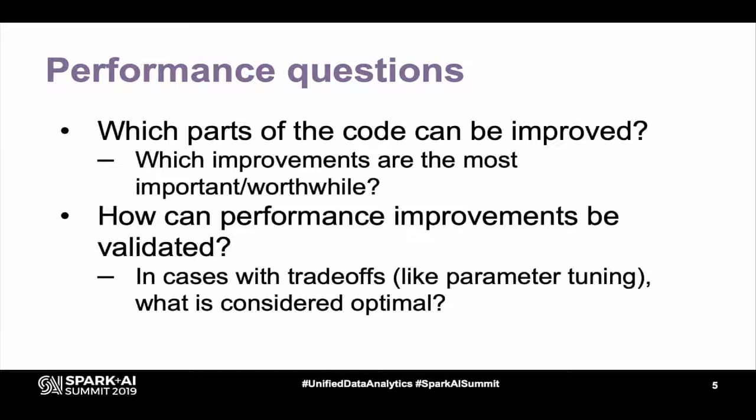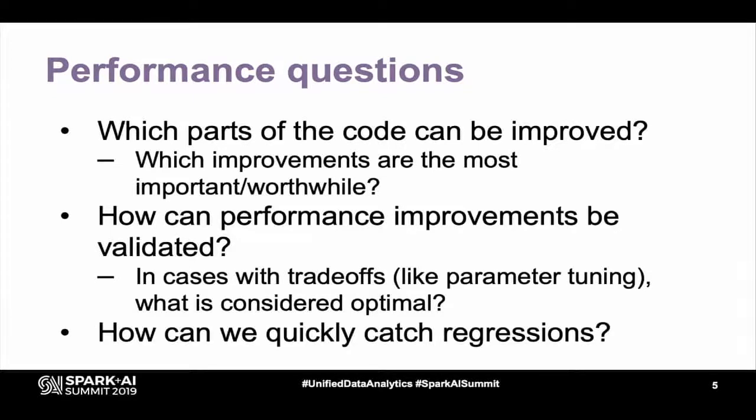And the last question I want to talk about here, which I think can absolutely not be understated, is catching regressions. Because when we're making changes and users are creating new queries and we're changing things in the engine, there's always going to be stuff that gets worse over time. That's the reality of this sort of thing.